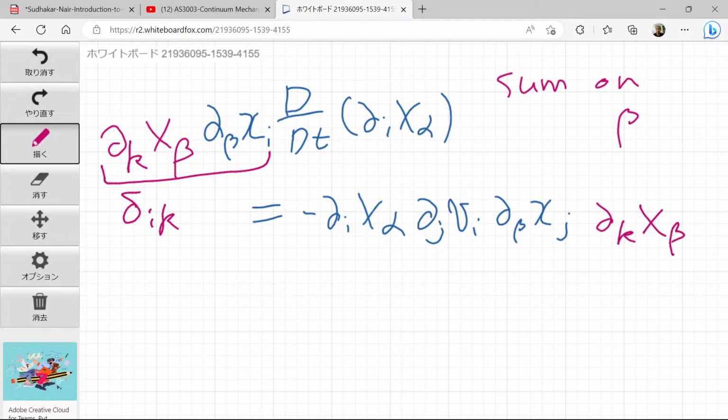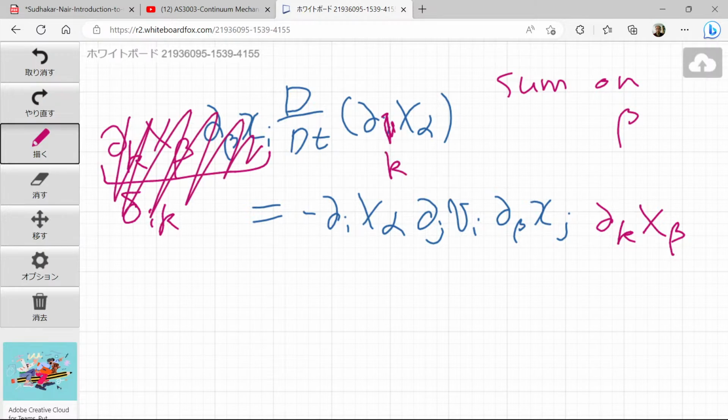So the i is changed to k. Then we can eliminate this. Then we have a new summation.